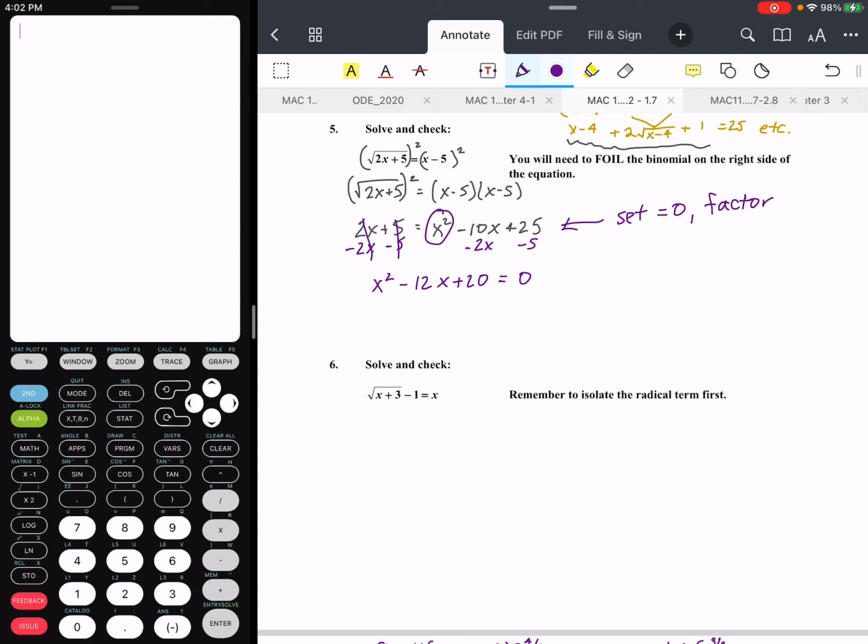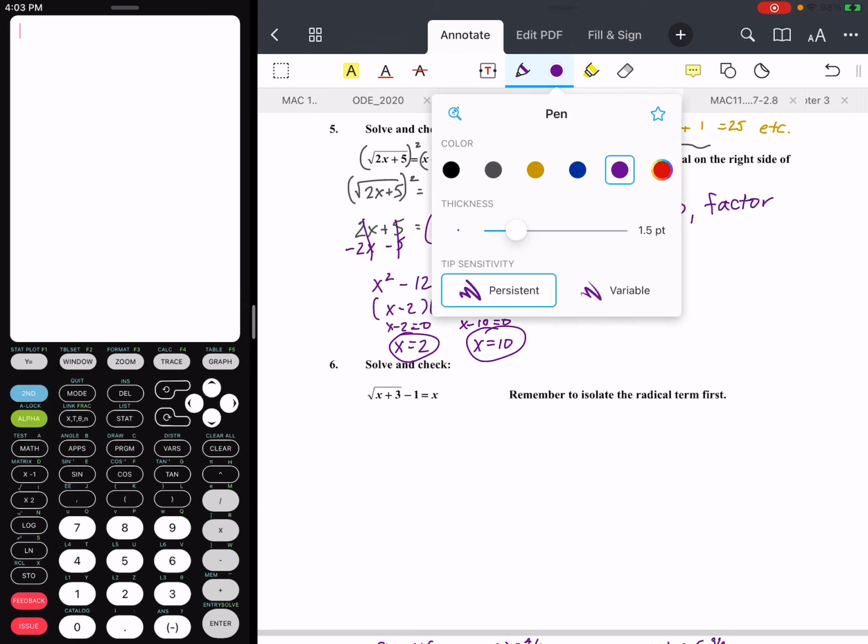And then factoring on the left-hand side gives me x minus 2 times x minus 10 equals 0. Set each factor equal to 0, and this would give me two potential solutions, x equals positive 2 or x equals positive 10. Okay. So we need to check both of these solutions.